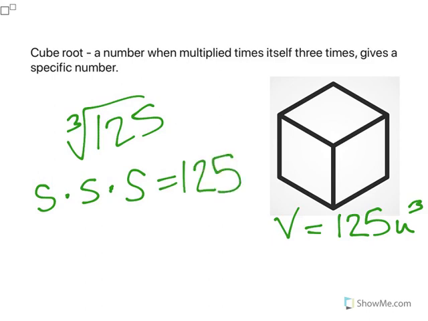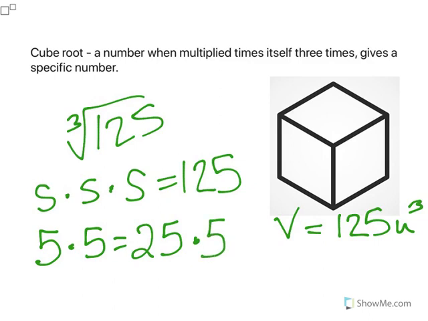Knowing that it ends in a 5, that kind of helps us out a little bit. 15 times 15 would be too big, and we'd still have one more 15. So let's try 5. 5 times 5 equals 25 times 5 equals 125. So the cube root of 125 is 5.